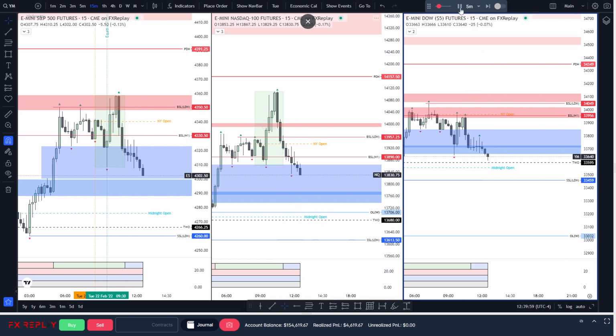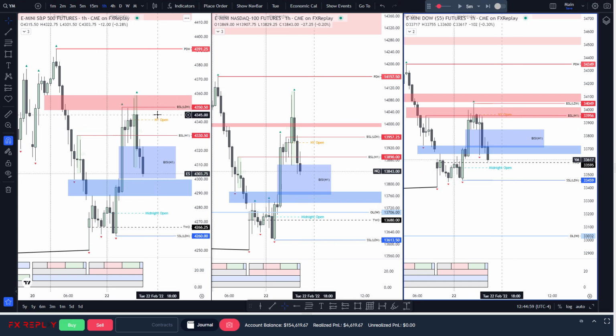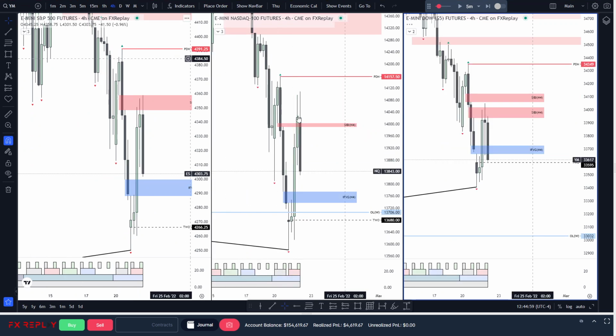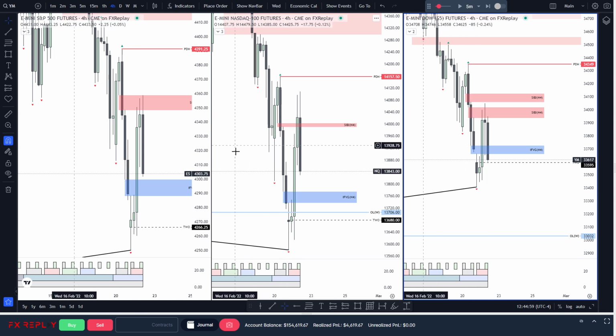And I'm just going to pause that there. We'll pan out to the hourly. So nothing doing. If we go to the 4 hour. Interesting.